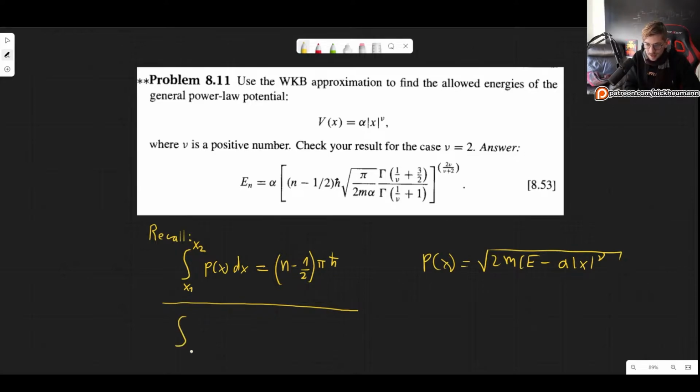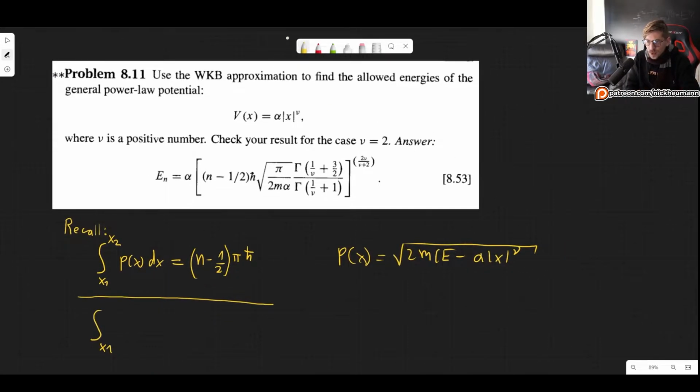So we are integrating from x1. What is x1? x1 is one of the turning points. Now, we don't really know what the power nu is in this scenario, but let me draw this for the case where nu is equal to 2. We have just a normal parabola.